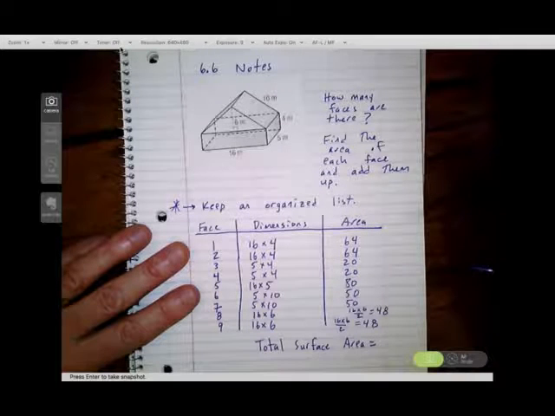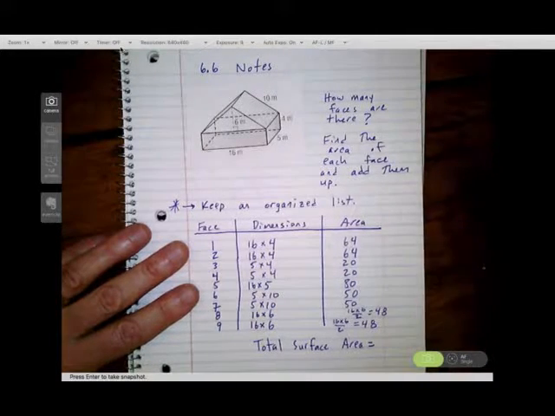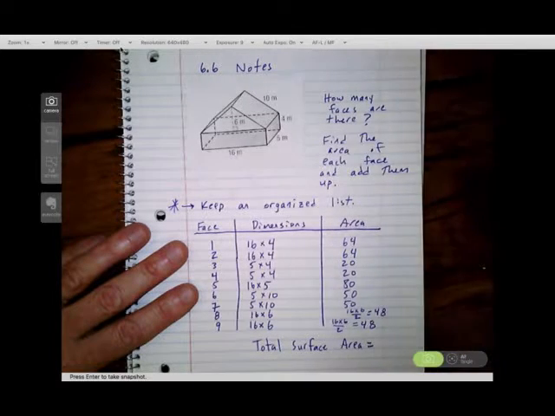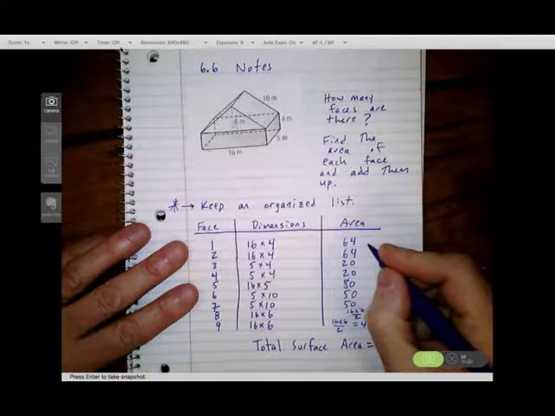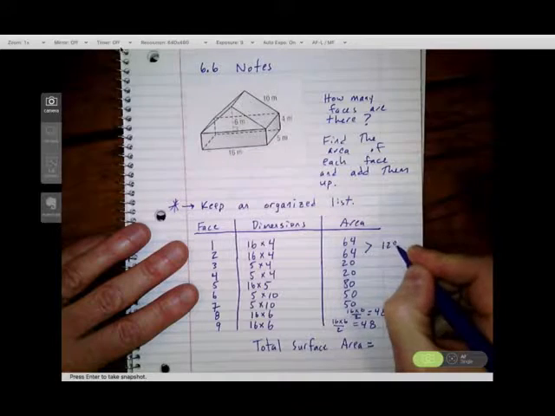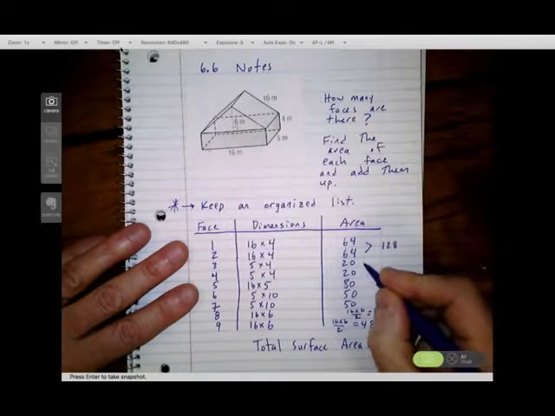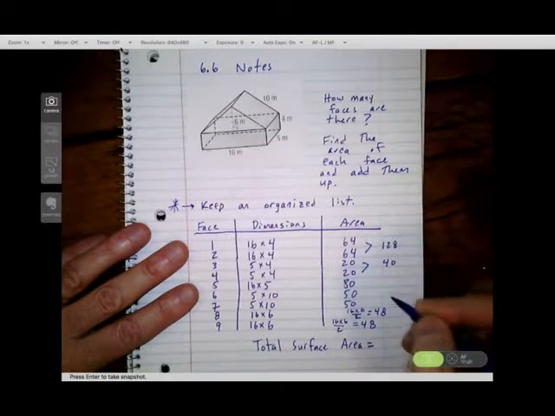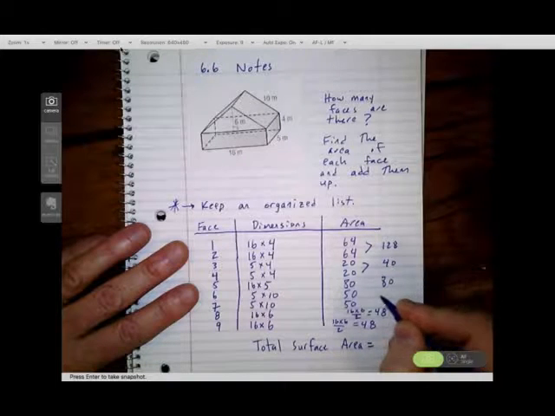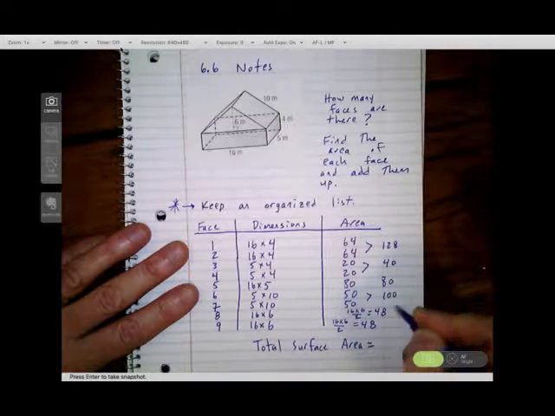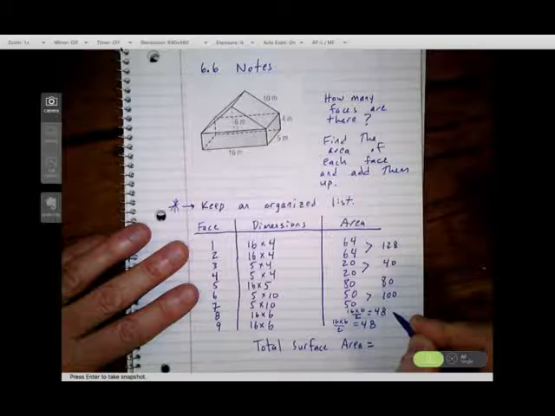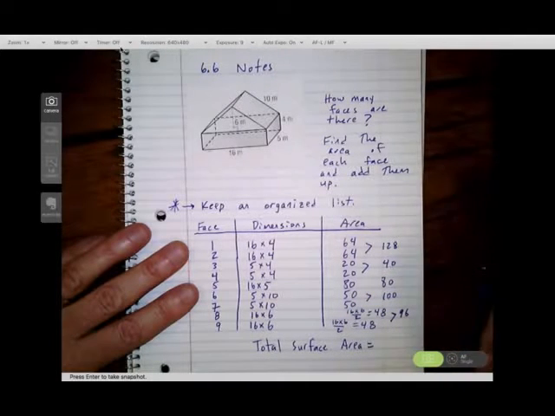Let's do it. I'll do it in my head. 64 and 64 make 128. Again, you're more than welcome to use a calculator. 20 and 20 make 40. And we got 80 for here and 100 for those. And these guys, 48 plus 48 make 96.